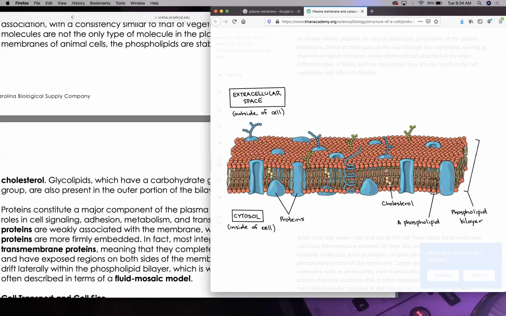HDLs are the cholesterols embedded within your phospholipid bilayer, or your cell wall, that allow fat to go where? Out of the cell. Now you have way more cholesterol in the form of your VLDL and LDL, which is low density lipoprotein, very low density lipoprotein. Lipo means fat, protein, we already know what a protein is, and that's what cholesterol does. It brings things in and out of the cell.